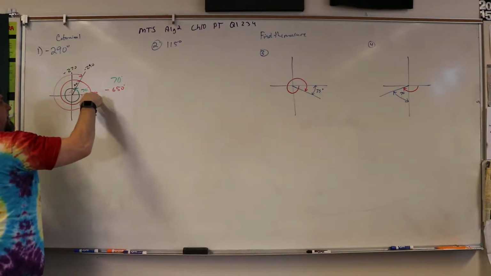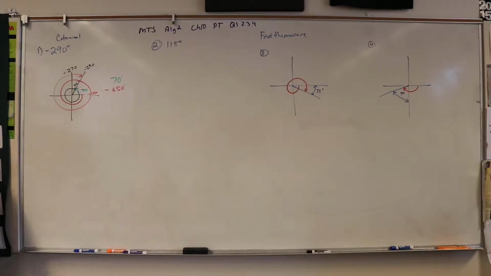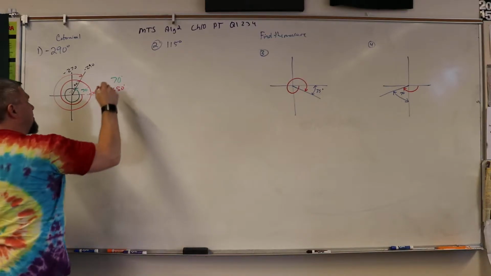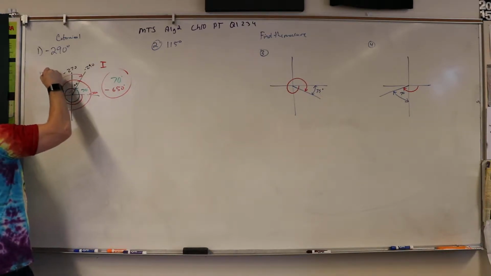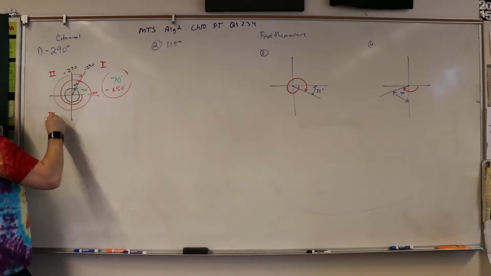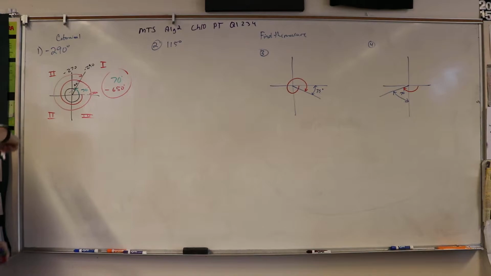So 290 and 360 is negative 650. Does that make sense? Yeah. And those are the two that they're looking for. Now remember, just for reference later on, 1, 2, 3, 4, because that's how we go around positively.